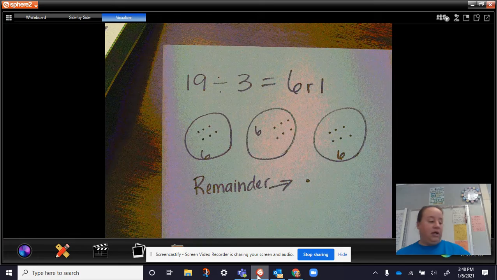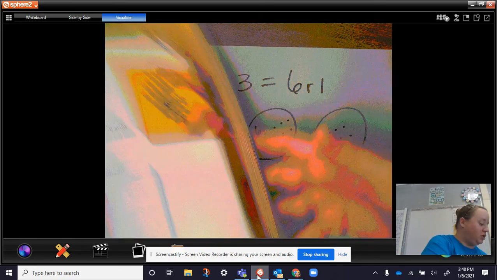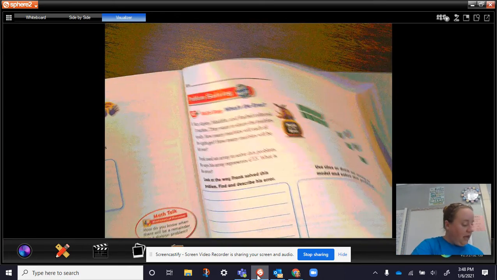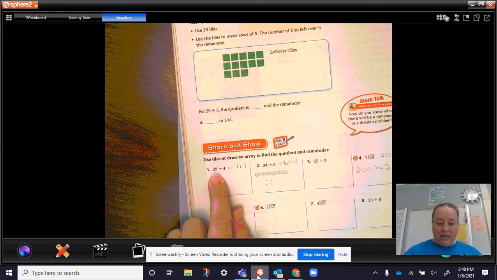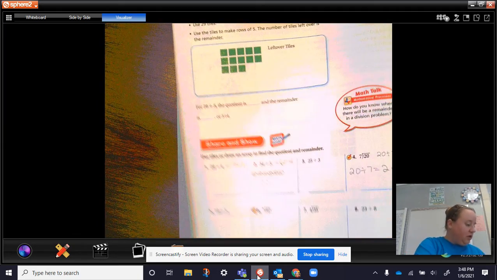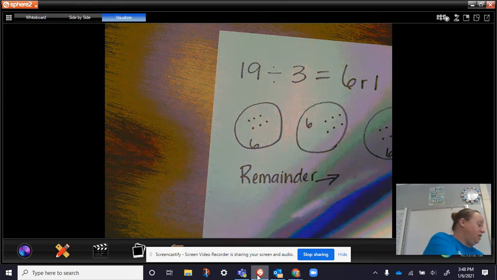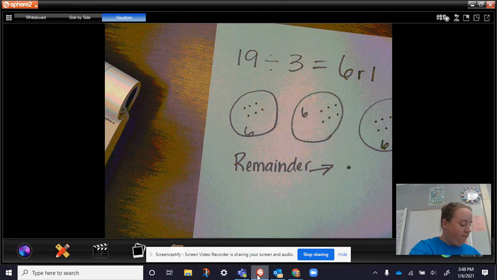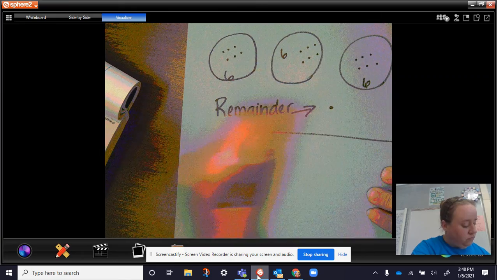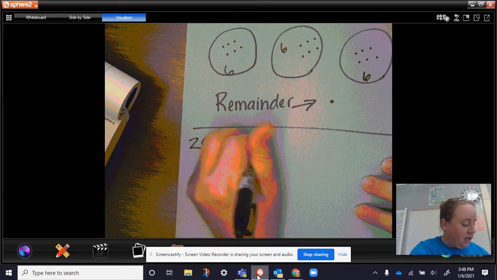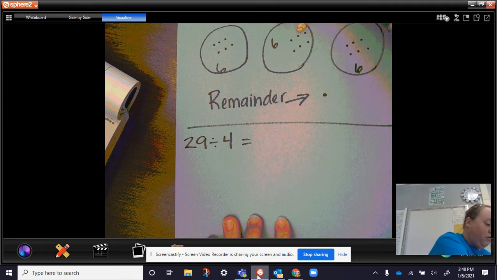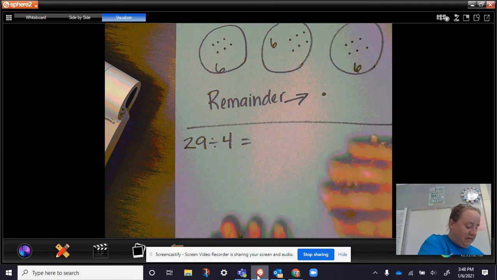We did some more in the book on page 312 at the bottom here. We did 29 divided by 4. Let me write it on here so it'll be bigger. Eventually we need to move away from the beans.